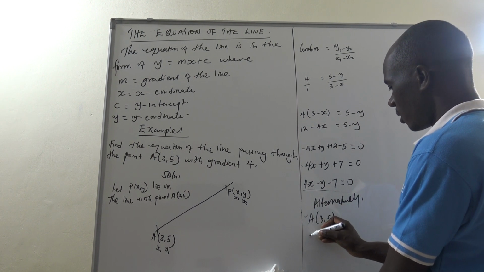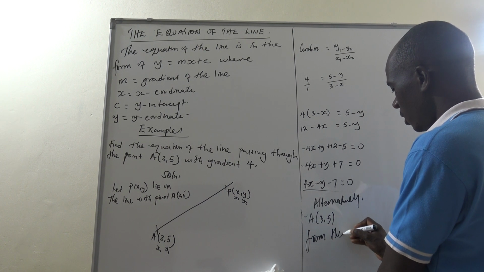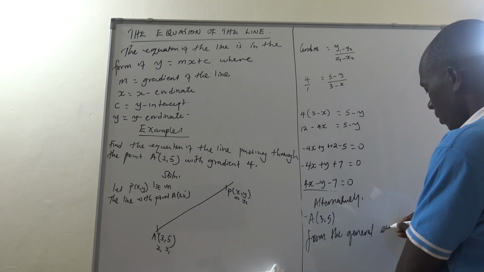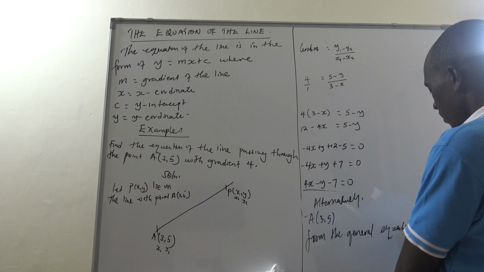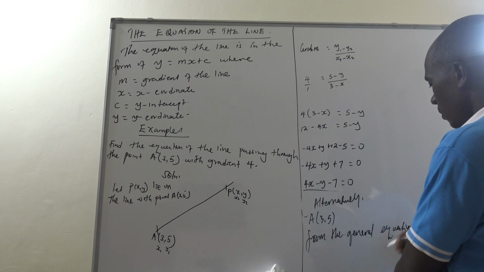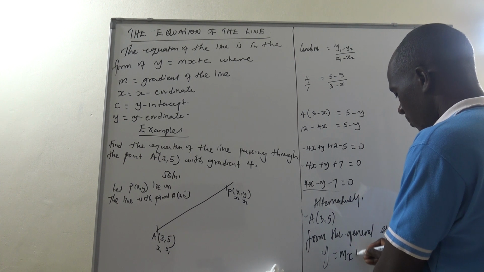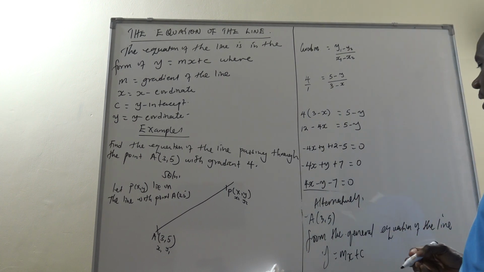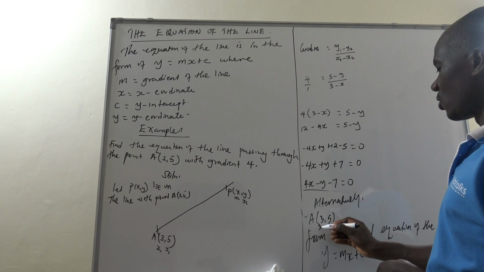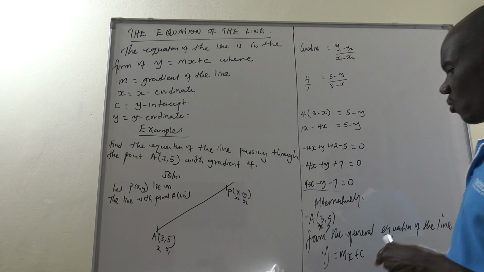Then you can say from the general equation of the line, y equals mx plus c, and we have got the point as (3, 5). So this one is standing for x and this one is standing for y.